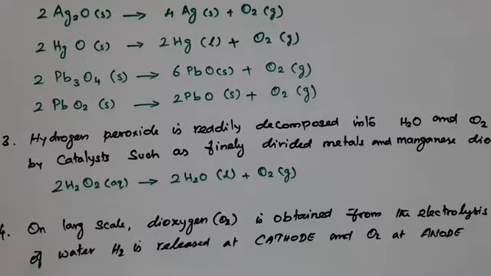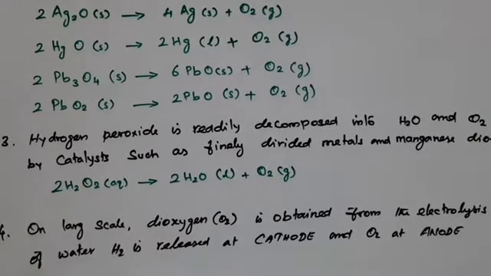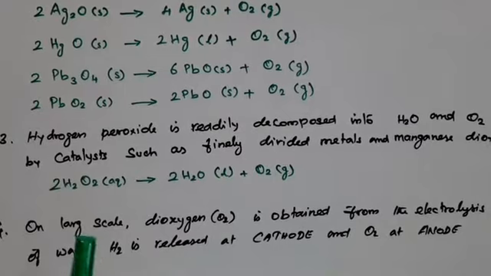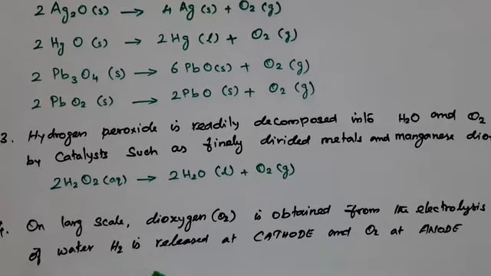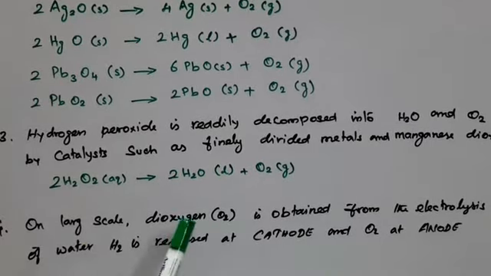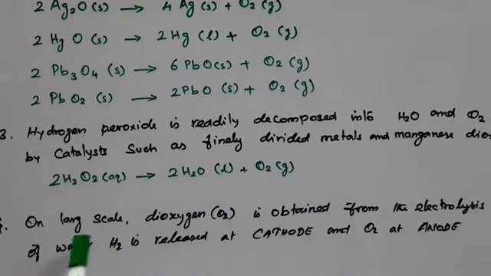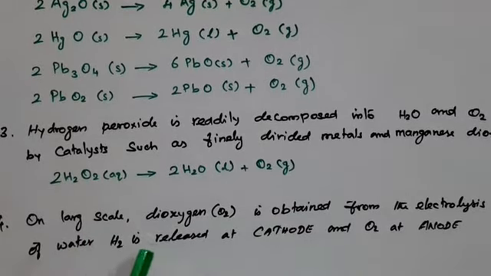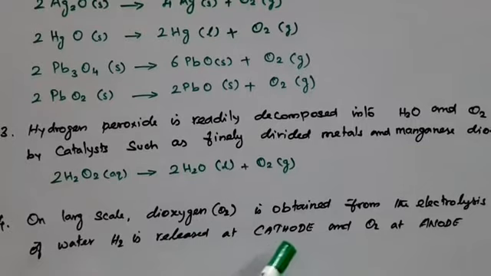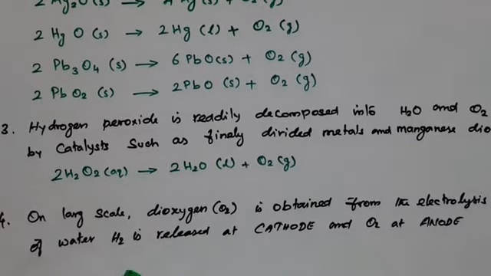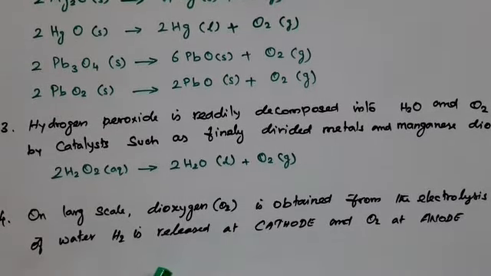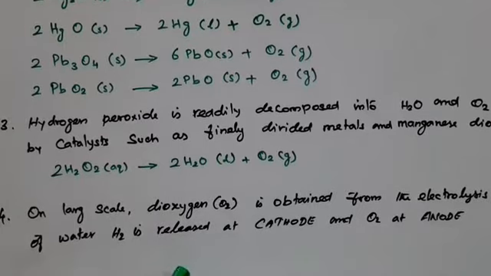Suppose on a large scale, industrially, dioxygen is obtained from water and air. Here the dioxygen is obtained from electrolysis of water. H2 is released at the cathode and O2 is released at the anode. And also the air contains other gases.